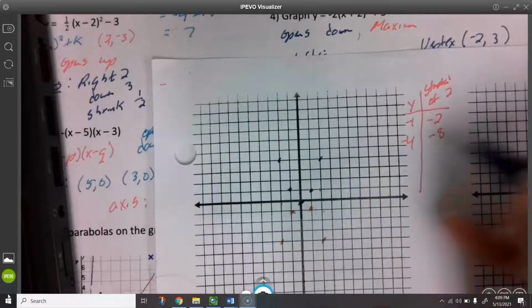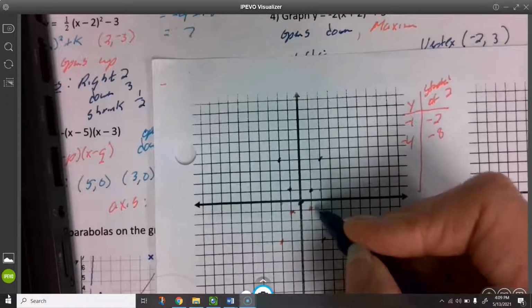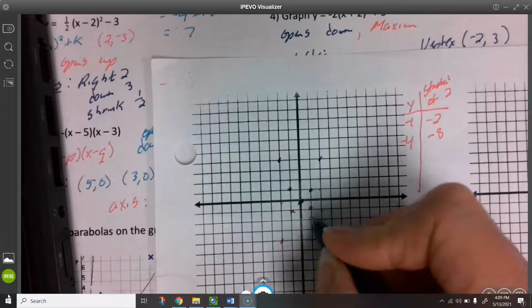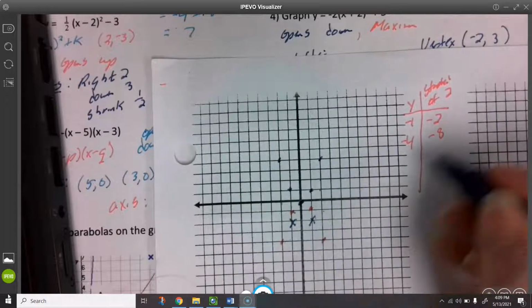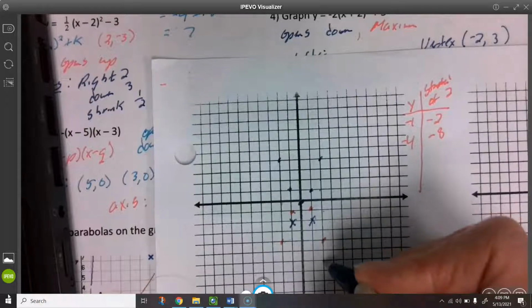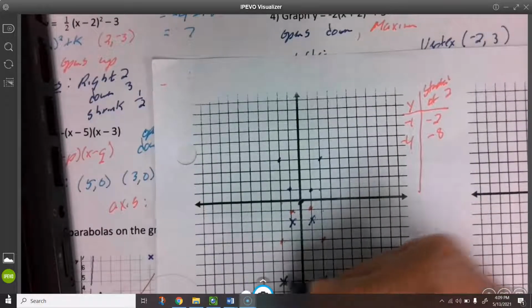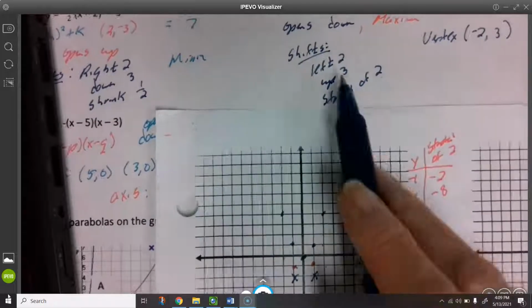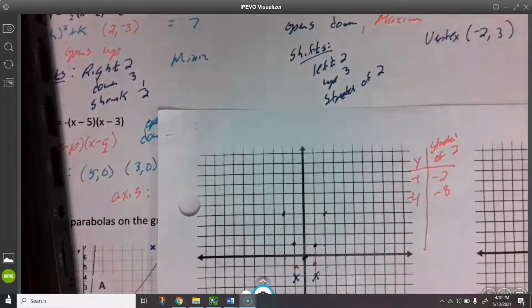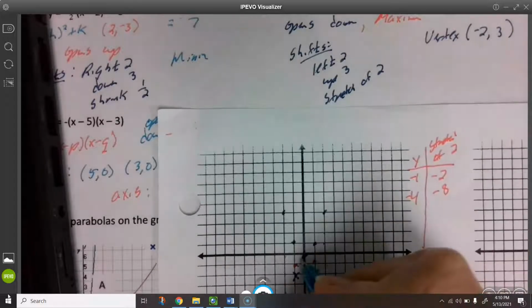So -1, what this means is -1 for my y value. This point right here goes all the way up to -2. This one, where my y values were -4, goes up to -8: 4, 5, 6, 7, 8. So the y value of this point stretches all the way up. I now have my stretch. We're going to go and do our shifts. Hopefully you already did all this, and let's just compare at the end.